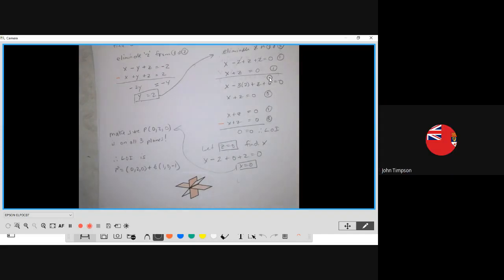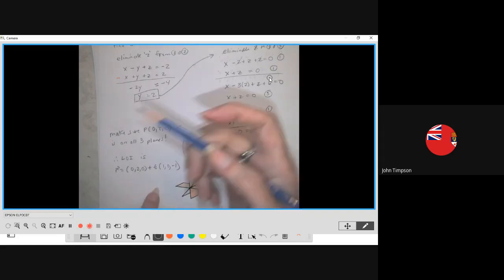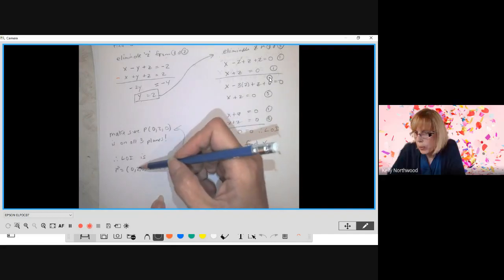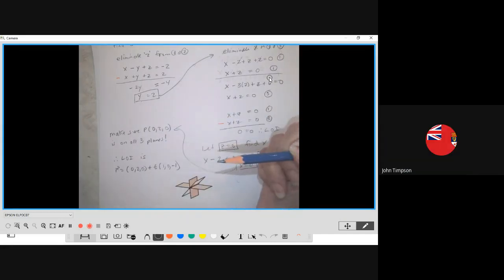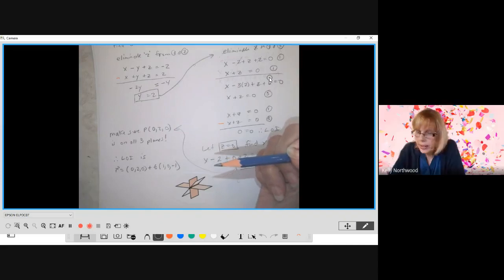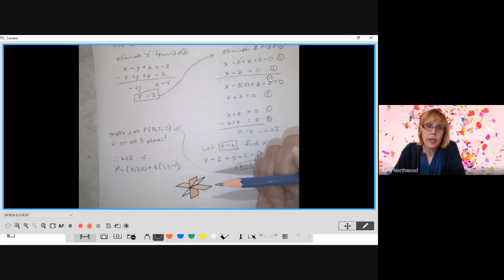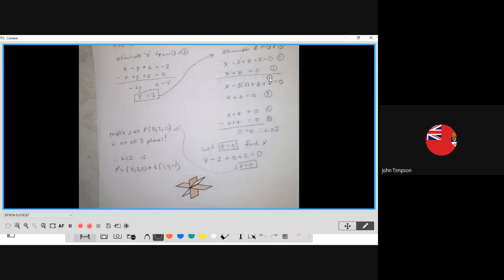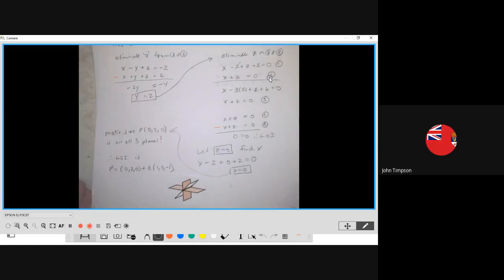So this line of intersection is basically parallel to the XZ plane? Parallel to the XZ plane, yes. Going through the y-axis at the point 2, right? Yes. Well, that's cool.